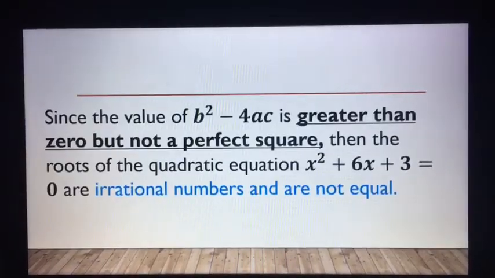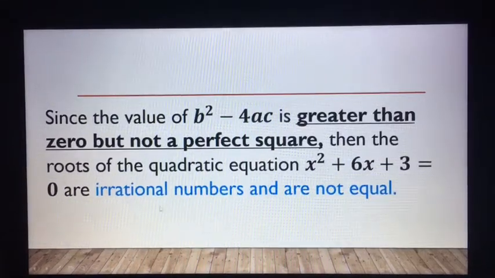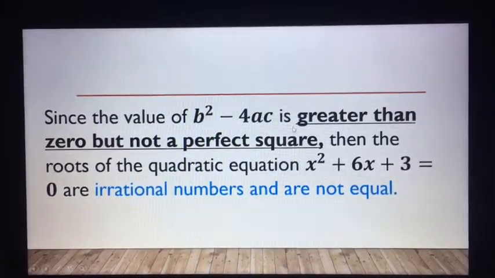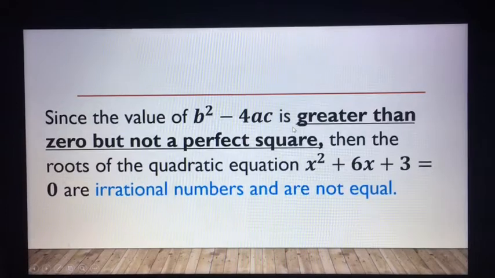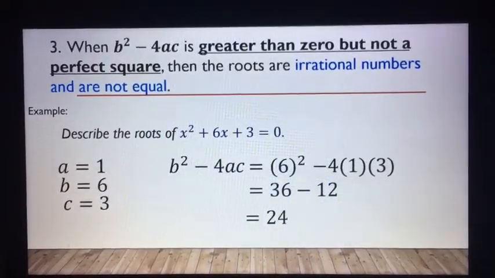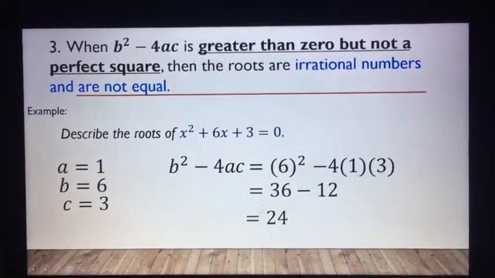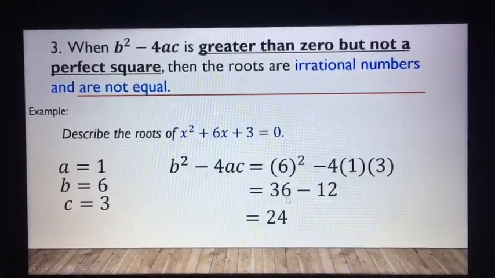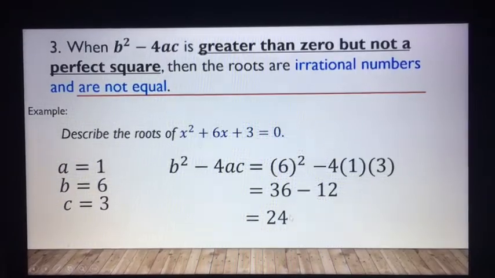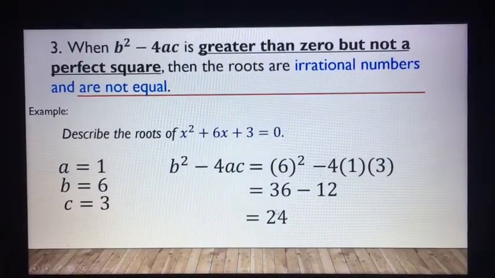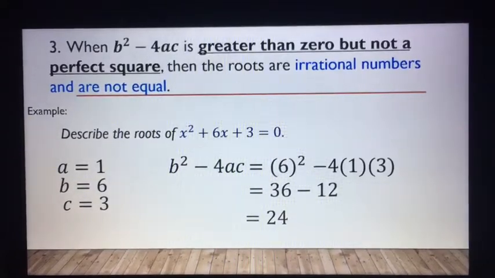So, since the value of b squared minus 4ac is greater than 0 but not perfect square, so balikan natin, greater than 0 ito pero hindi perfect square. Dahil ang 24 walang equal factors. Ang factors ng 24, 2 and 12, 3 and 8, 6 and 4, hindi equal.